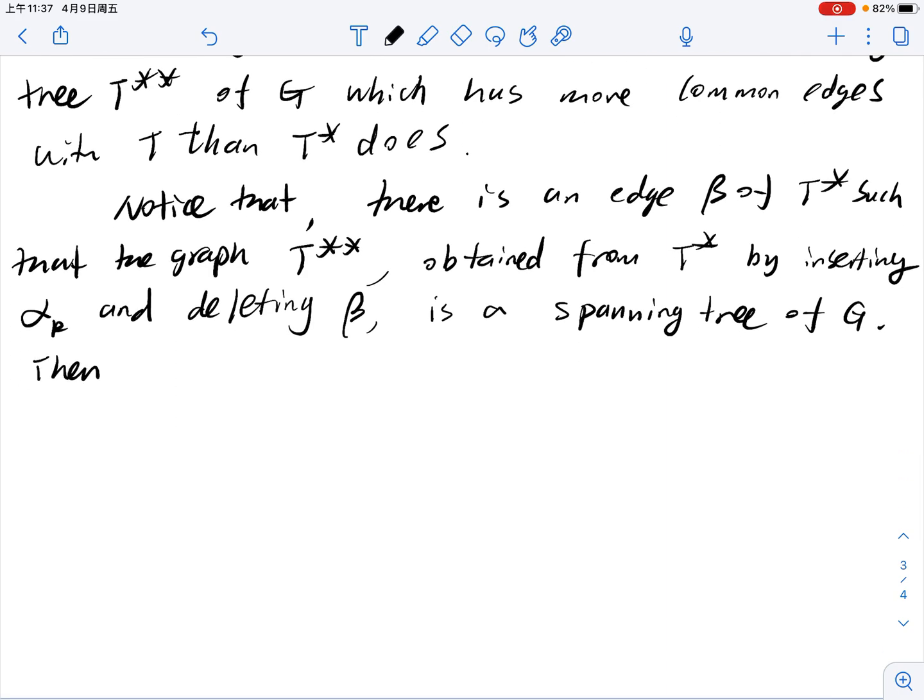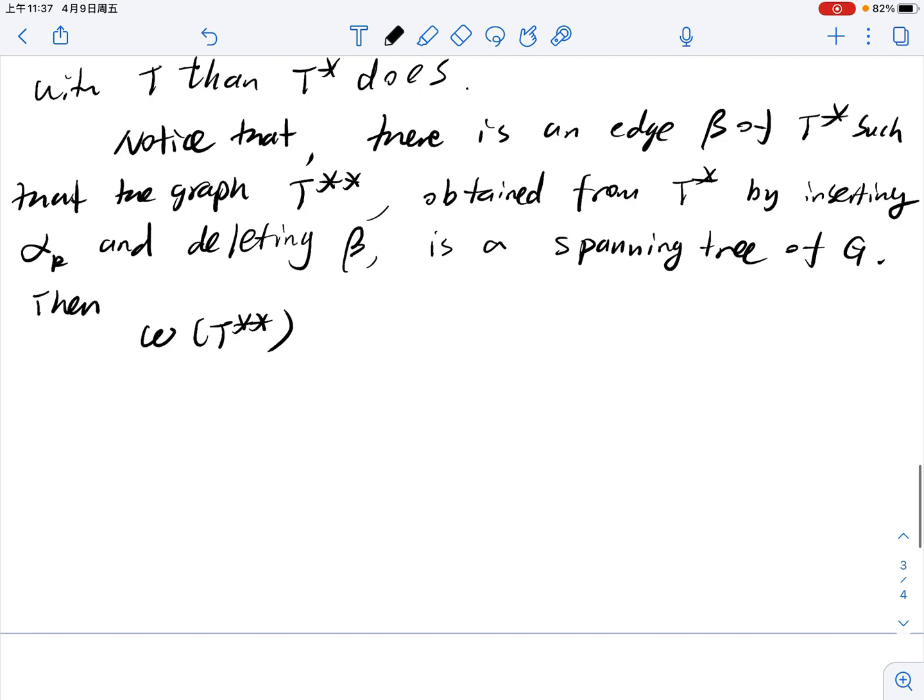Then by the construction, we can compute omega of T double star from the information of T star. Here we use the fact that the weight is linear, so you can add one and delete one. If it's nonlinear, it's much more complicated. You might have high order terms, and then the control is not that easy. For certain problems, this is the case.